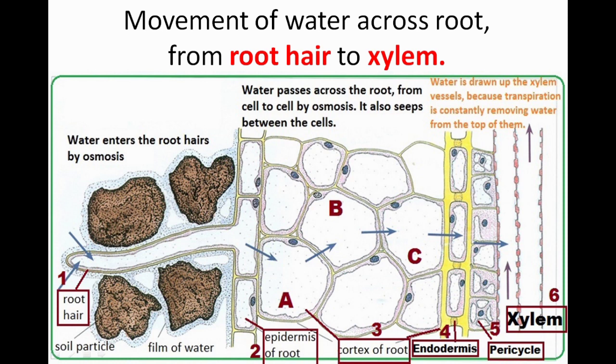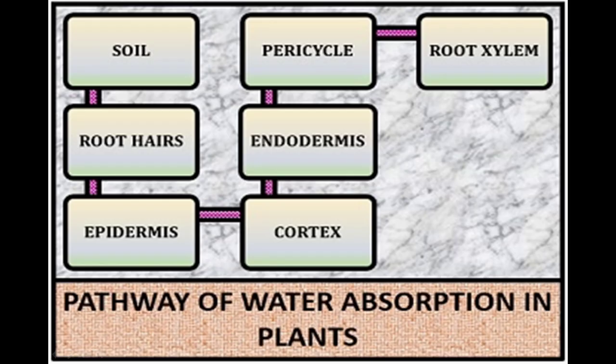From the root cortex, the water will then move to the endodermis, pericycle, and finally to the root xylem. Soil water reaches the water conducting tissue xylem through the root hair of epidermis, cortex cells, endodermis, and pericycle.